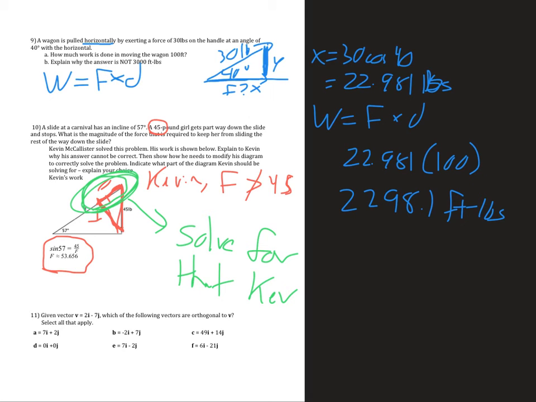All right, last question. Which of the following vectors are orthogonal to vector v? Two ways to think about orthogonal. One is that it creates a right angle, so you can plot the given vector and then think about which of these would be perpendicular to that. Or we know that if two vectors are orthogonal, their dot product is 0. For a problem like this, it's useful to think about both at the same time.